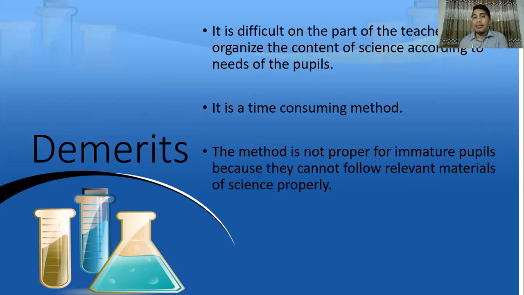It's also a time-consuming method, and this method is not proper for immature pupils because they cannot follow relevant materials of science properly. So you have to facilitate this to mature pupils, like maybe grade 5 or grade 6.